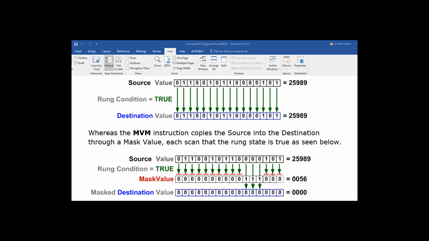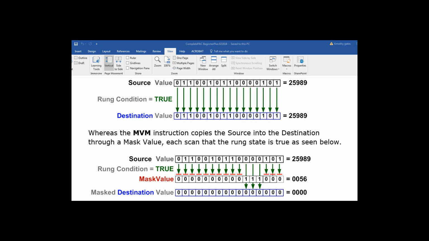Now remember, we are working with the move instruction, specifically the move with mask. So in the upper illustration, you're moving, which is a word copy. You're copying the source to the destination.